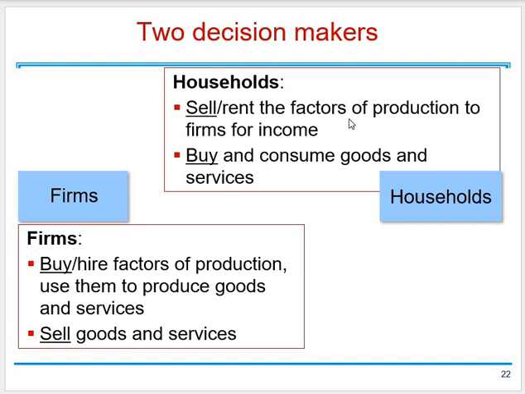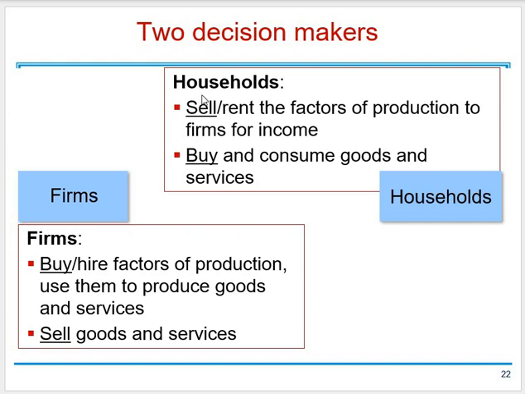Or households could rent or sell their capital, like properties, to firms so they can earn rent. Or as an owner of some businesses, they can also earn profits. And their goal in the goods and services market is to buy things for their daily consumption, right?